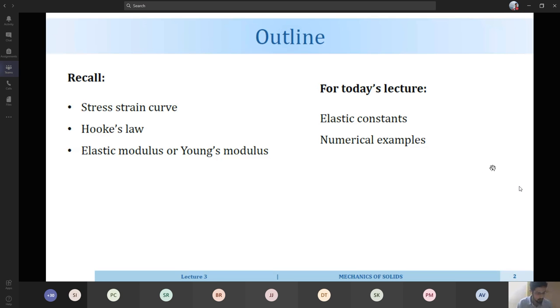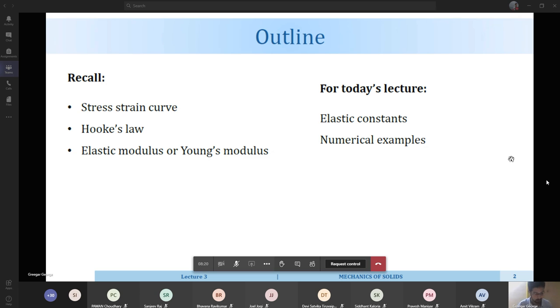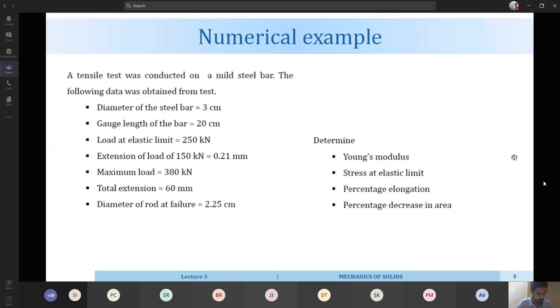In the last class, we mainly focused on the stress-strain curve, what Hooke's law is, and the elastic modulus or Young's modulus. In today's lecture, we will mainly focus on some numerical examples and also some other elastic constants which we deal with in structural engineering. We will start with the numerical example right now.